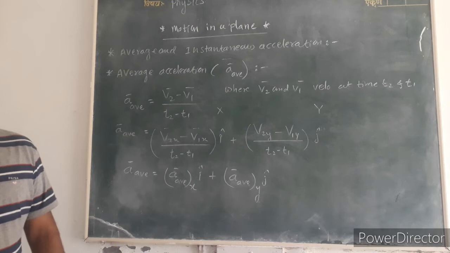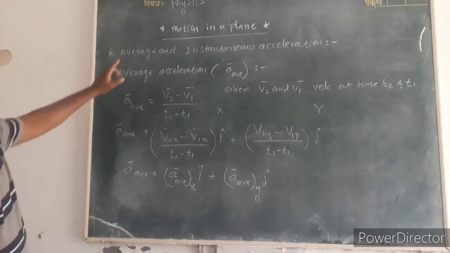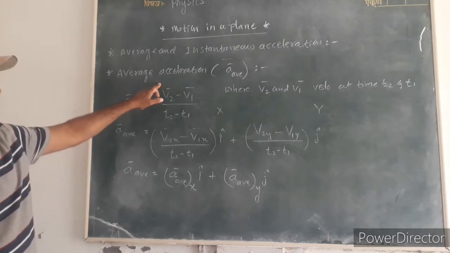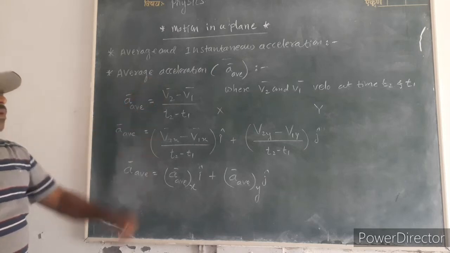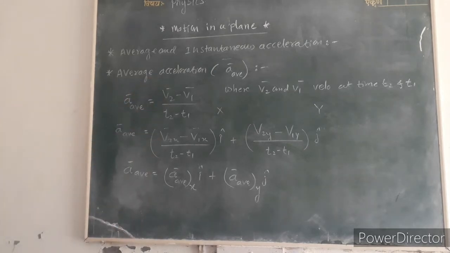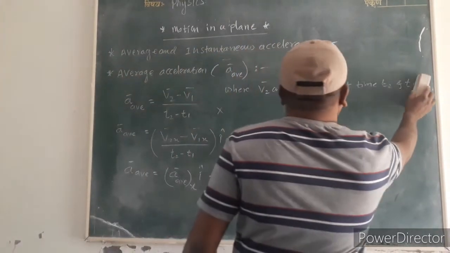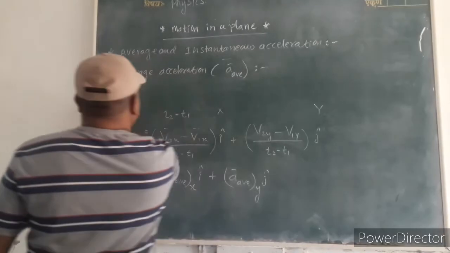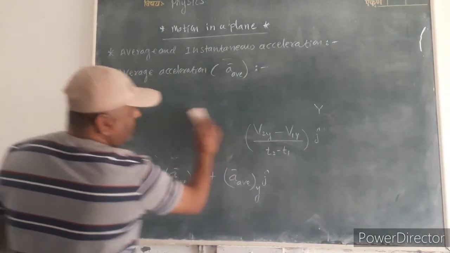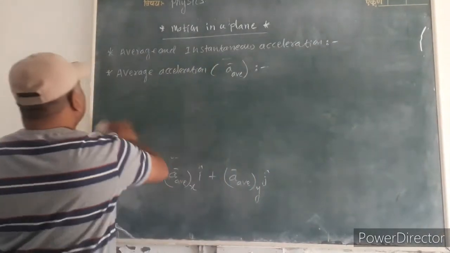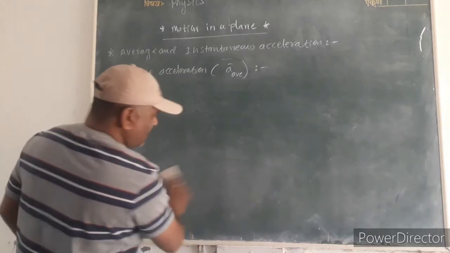Now this is the average acceleration in motion in a plane. What is the magnitude of this acceleration and what is its direction?